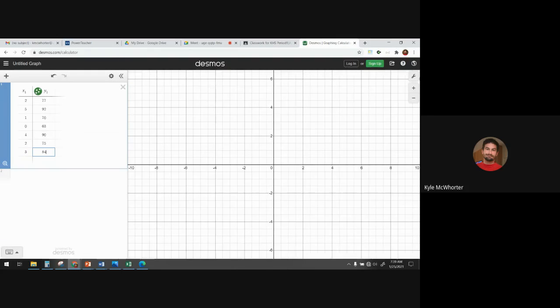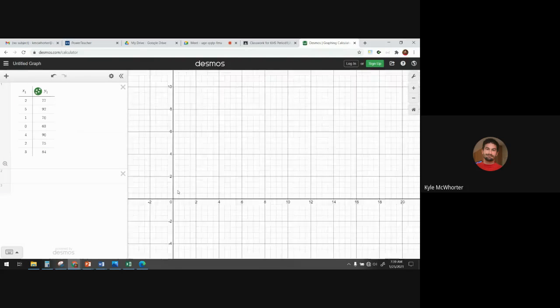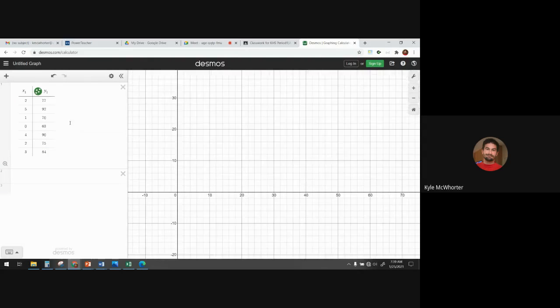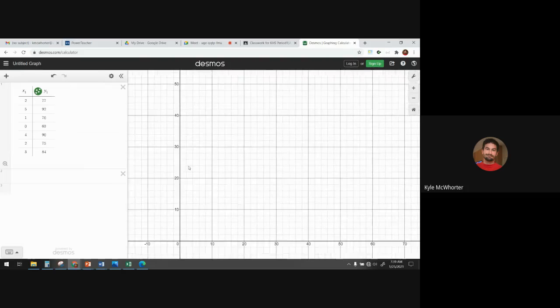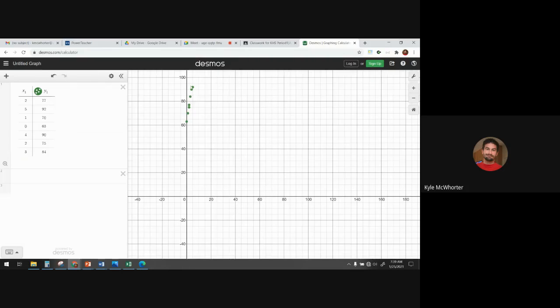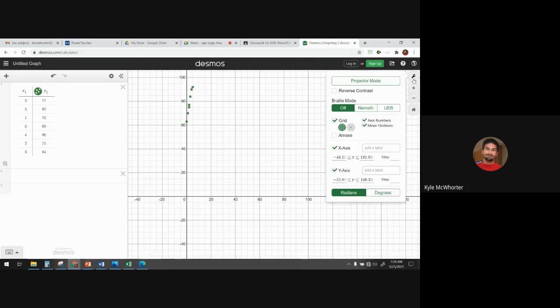Now it might seem like nothing happened on our graph, but if we zoom out, because our y values are in the 70s and 80s, you can see that it actually did graph up there. So I'm going to have to adjust the settings here to get a better view.